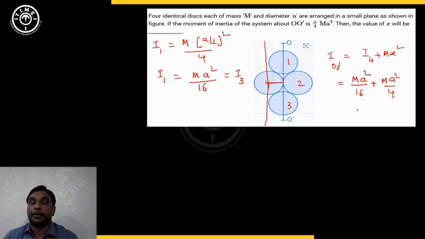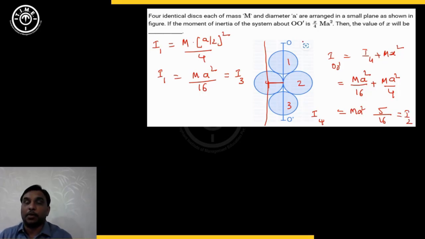Taking ma square common with LCM 16, 1 plus 4 gives 5 ma square by 16. This is the moment of inertia of the fourth disc and also of the second disc, since the second disc is the same as the fourth.